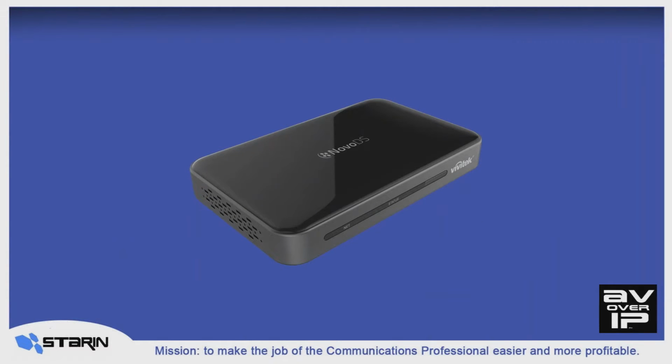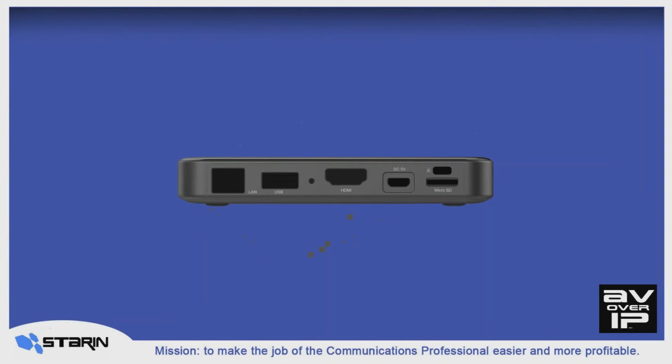Now, what makes this little box so remarkable is that inside of it, it's got a quad-core Cortex A9 processor with 1 gig of RAM and 8 gigabytes of onboard storage. So it has enough processing power to display 1080p 60-frame videos cleanly and to output 4K ultra-high definition to 3840 by 2160 displays.